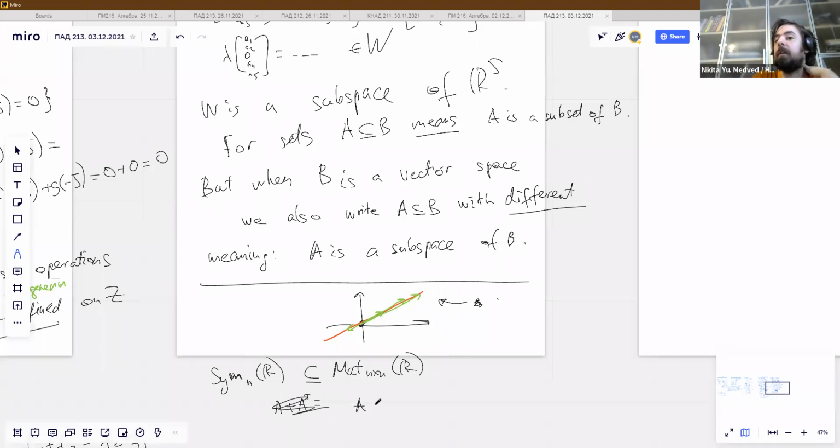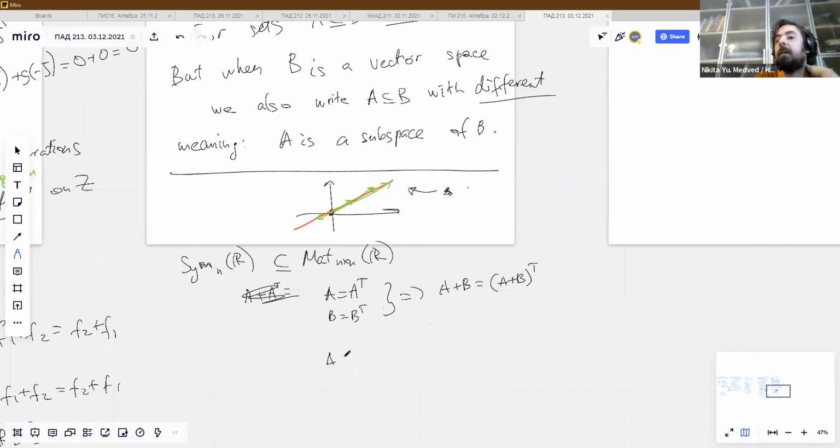If A equals A transposed and B equals B transposed, then A plus B equals (A plus B) transposed. And if A equals A transposed, then lambda A equals (lambda A) transposed. This means that the operations are well defined on this set, so this set is a subspace of this. Symmetric matrices also form a vector space.